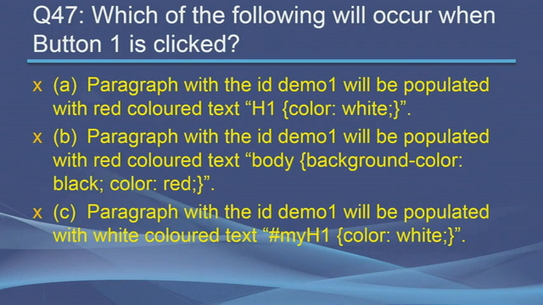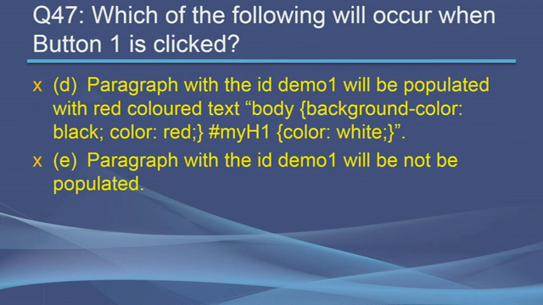That is the correct answer, even though this particular slide shows that it's the incorrect answer. Paragraph with demo ID 1 will be populated with white colored text, which is incorrect because you are referring to the style 0. So any style that is first defined will be allocated in that particular style array.